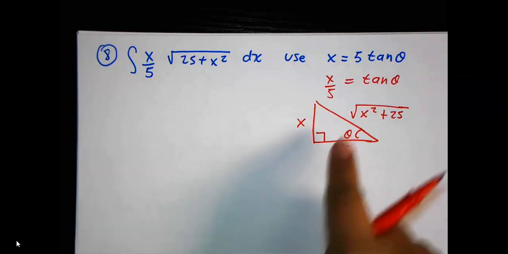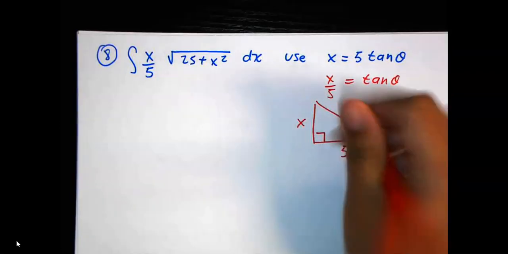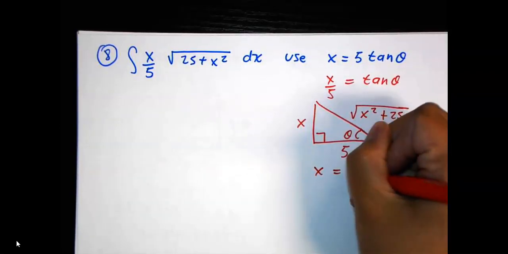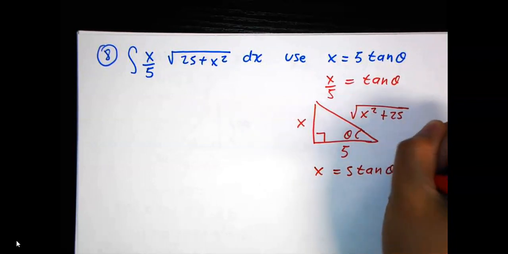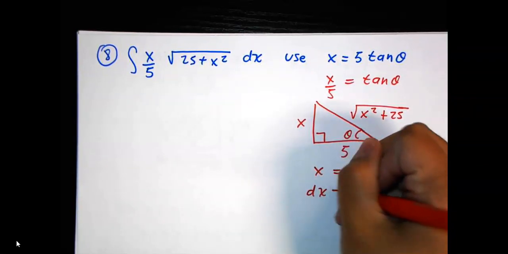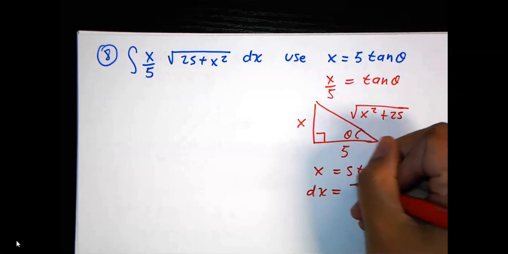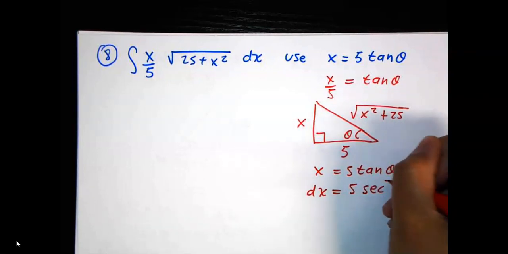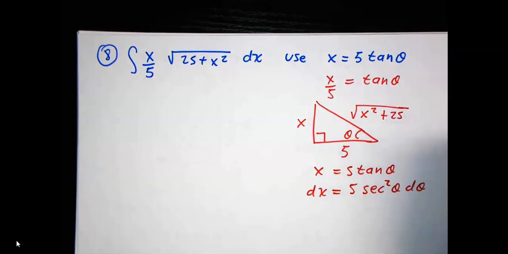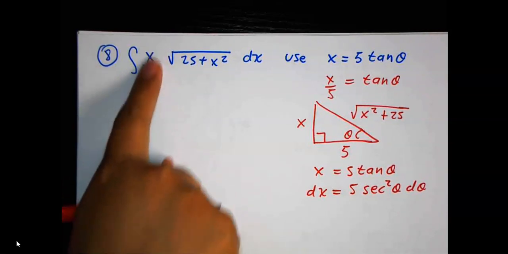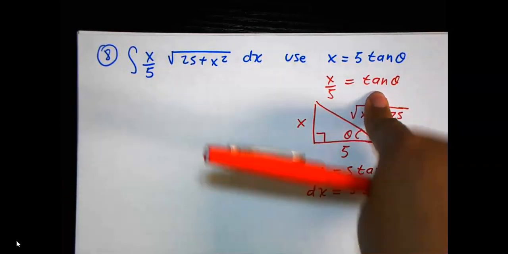Remember that x is equal to 5 tangent of theta. I've got to find the derivative. And so the derivative is 5 secant squared theta d theta. So x over 5 is tangent.